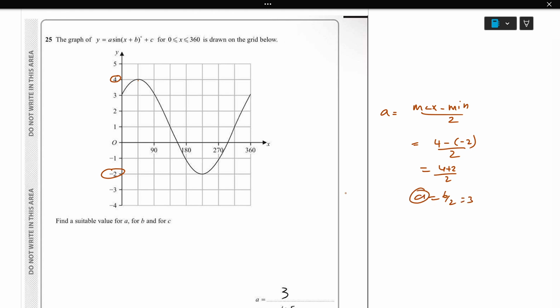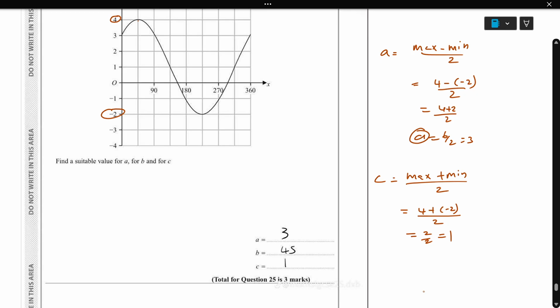A equal to 3. Next we go for C. The formula is maximum plus minimum by 2. The maximum is 4 plus negative 2 by 2, which is 2 by 2, which is equal to 1. So we got the A answer and the C answer.